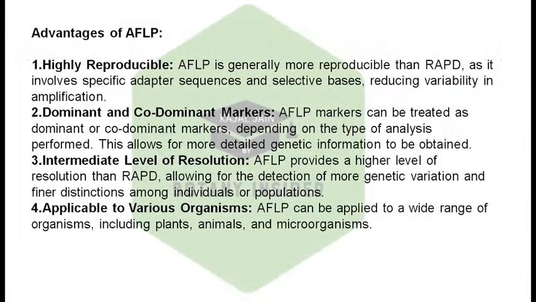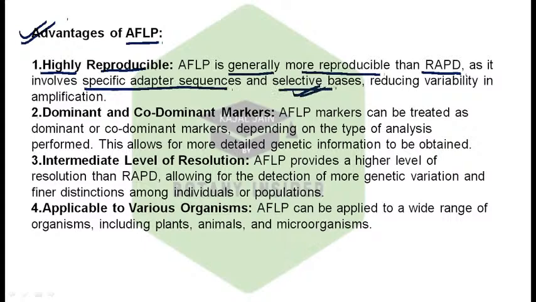Okay. So, the major advantages of using AFLP is that it provides high reproducibility. It is generally more reproducible than RAPD as it involves a specific adapter sequence and selective bases. It is a dominant and codominant marker, meaning it can differentiate between heterozygous and homozygous.